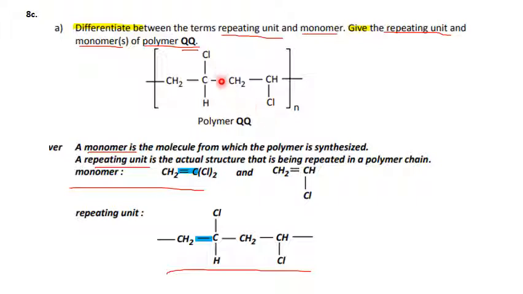Here is another monomer. When they join together, without the n, we call it the repeating unit. So actually the answer for the polymer and the repeating unit is the same, but the difference is without n and without this bracket. And for the monomer, remember addition polymerization should come from a compound with a carbon-carbon double bond.